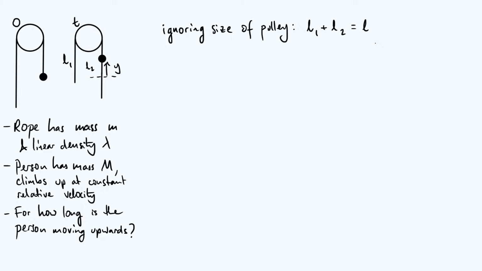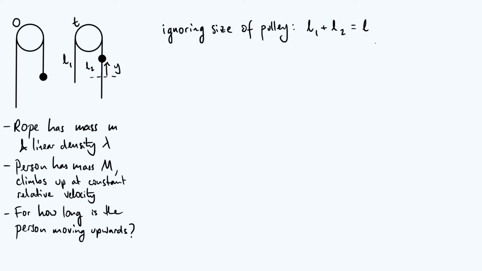If you wanted to account for the finite size of the pulley, you could put a plus pi times radius on the right-hand side there. But just to keep the algebra a little bit less cluttered, we're going to ignore the size of the pulley for the purpose of this video. So we've got the length on the left plus the length on the right is approximately equal to the total length of the rope.